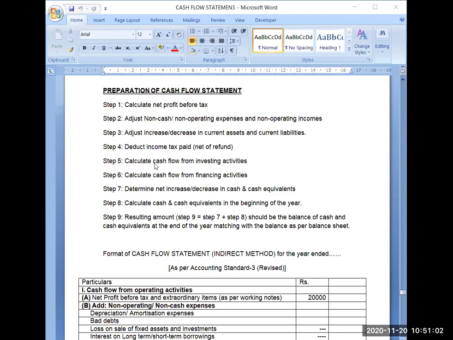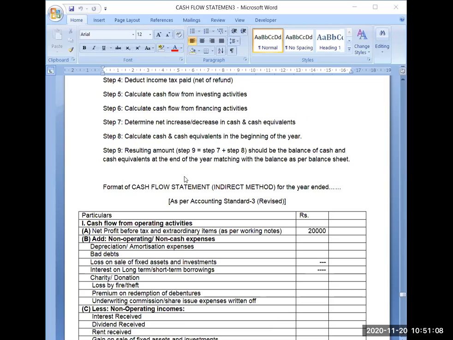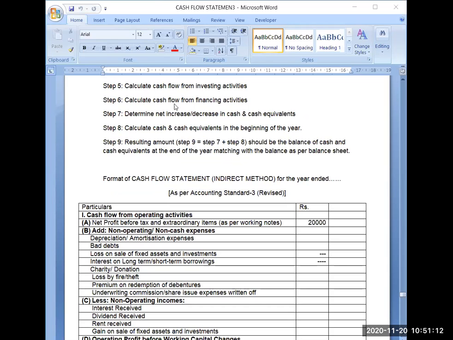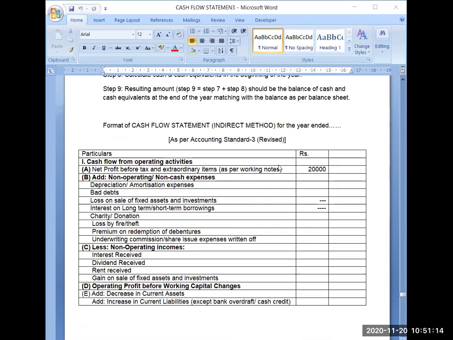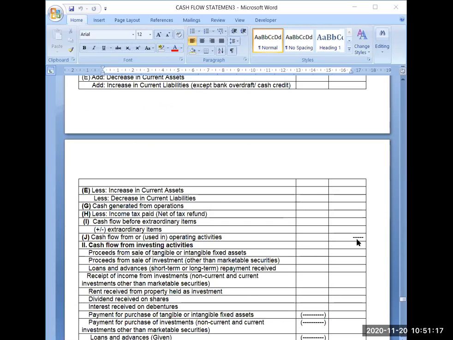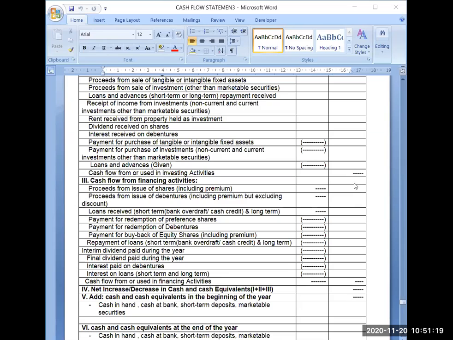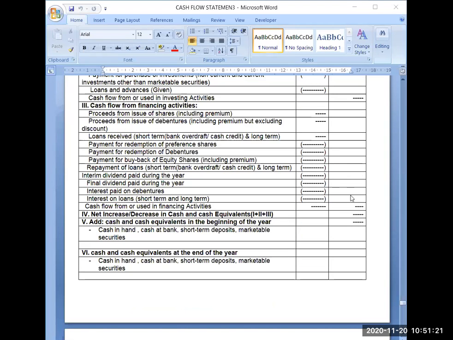Then afterwards we calculate cash flow from investing activity, then cash flow from financing activity, and then in step 7 we add all the three results: cash flow from operating activity, cash flow from investing activity, and cash flow from financing activity. These three results will be added, and if any one result is negative then it will be subtracted.